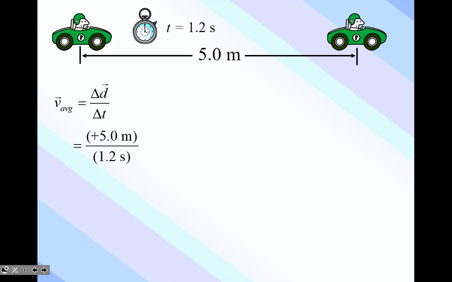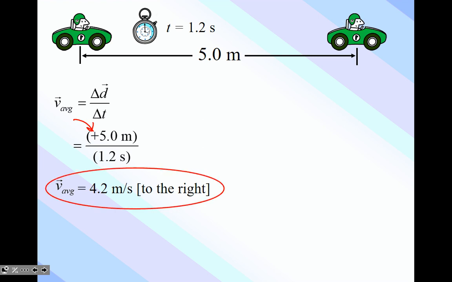Let's take a look at an example. You notice that because it was moving to the right, it's positive for your calculations. When you do the math, you get 4.2 meters per second to the right. If you didn't have to the right, you'd have to say positive 4.2 meters per second.